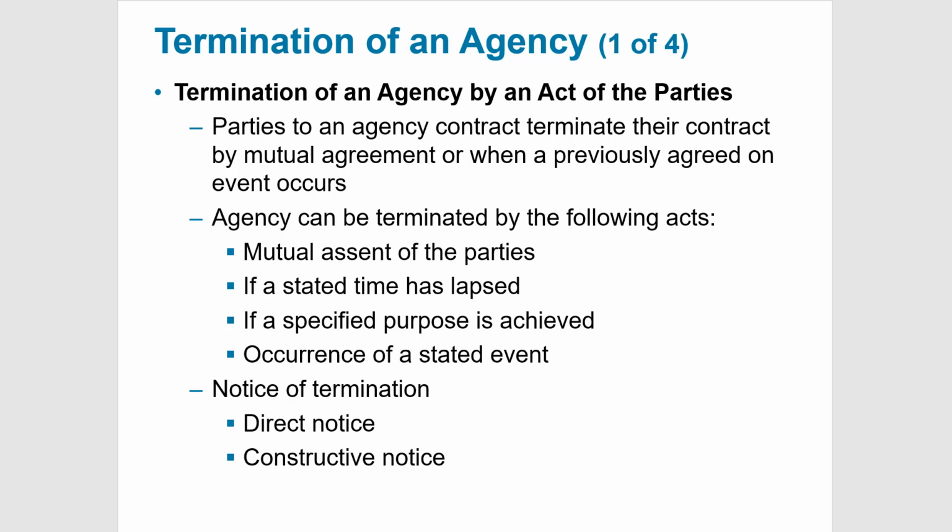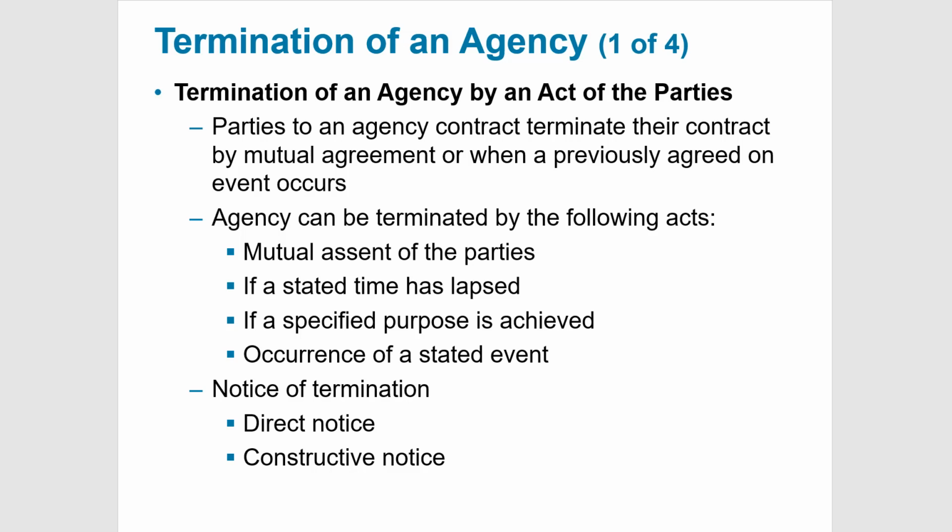Or in a legal relationship, if I hire an attorney and then we win the case, the agency relationship is terminated. Or the occurrence of a stated event. I hire somebody to house sit for me for as long as I'm gone. And then once I come back and I want to live in my own home again, then that relationship is terminated.